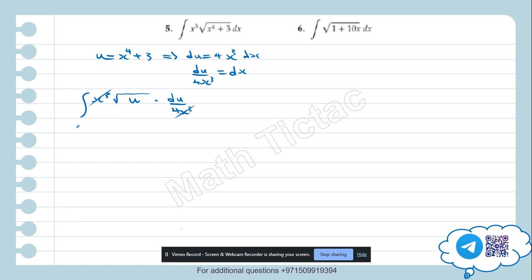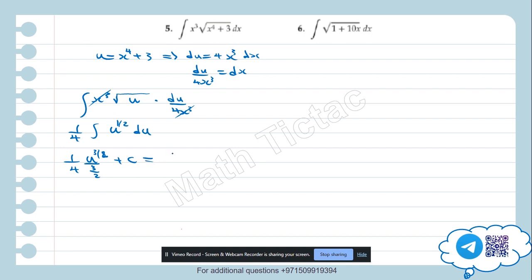We have 1 over 4 outside, multiplied by the integration of u to the power 1 over 2 du. The integral of u to the power 1 over 2 is u to the power 1 over 2 plus 1, which is 3 over 2, over 3 over 2, plus c.